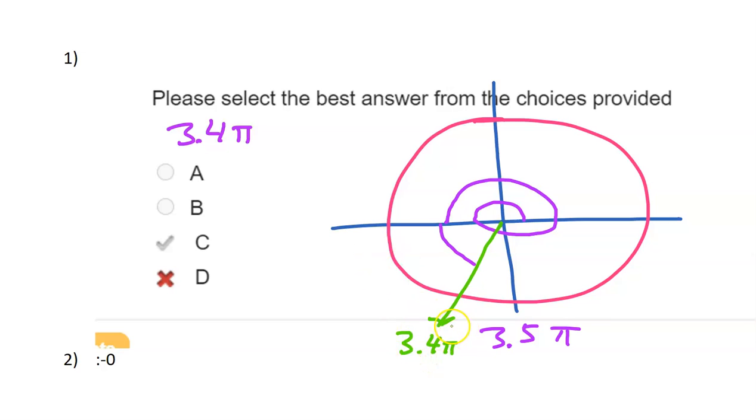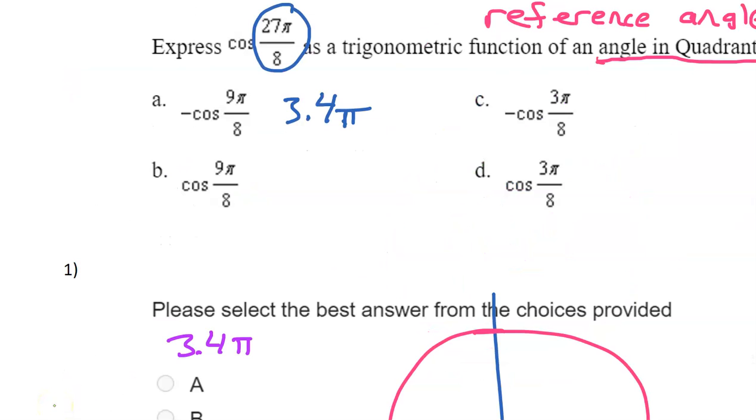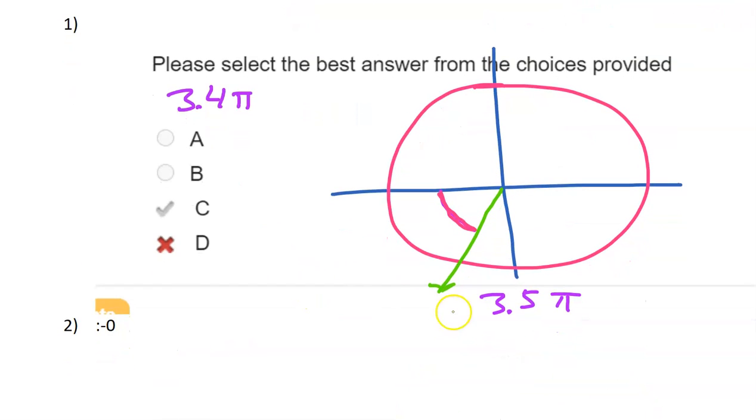Now let me go ahead and write the proper angle though. So of course the terminal side is approximately 3.4 pi, but let's not forget it's really 27 pi over 8. So let's label it properly as 27 pi over 8.